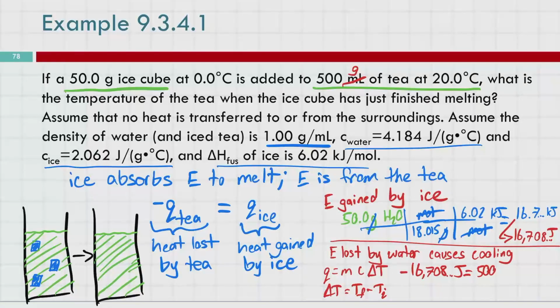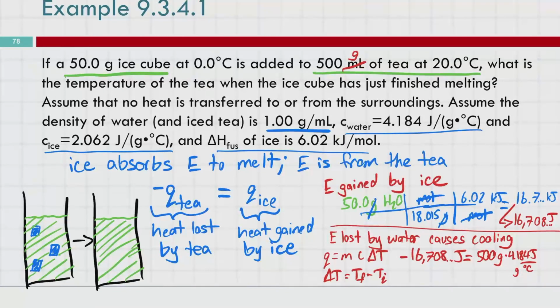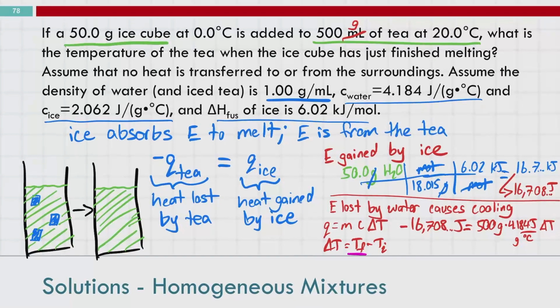So 500 grams of water, and our C value 4.184 joules over grams degrees Celsius, and delta T. Delta T contains our final temperature, which is what we're looking for. So I'm going to rearrange this so that delta T is equal to some value.